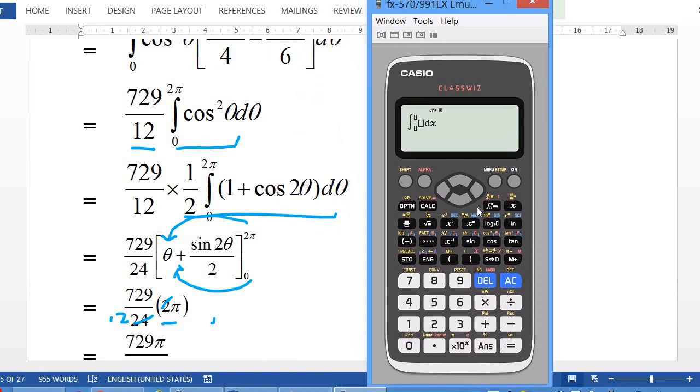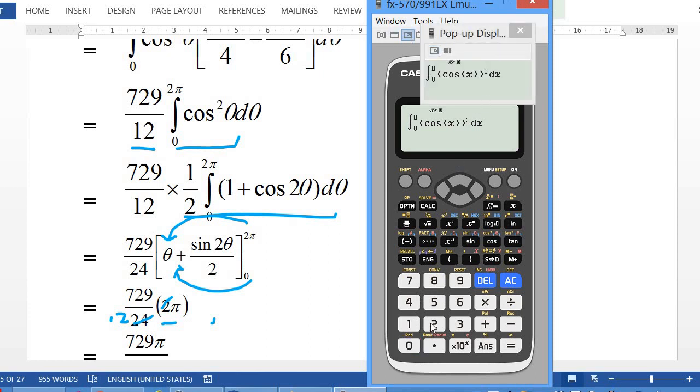Let's see, it integrates cos squared of x from 0 to 2 pi.